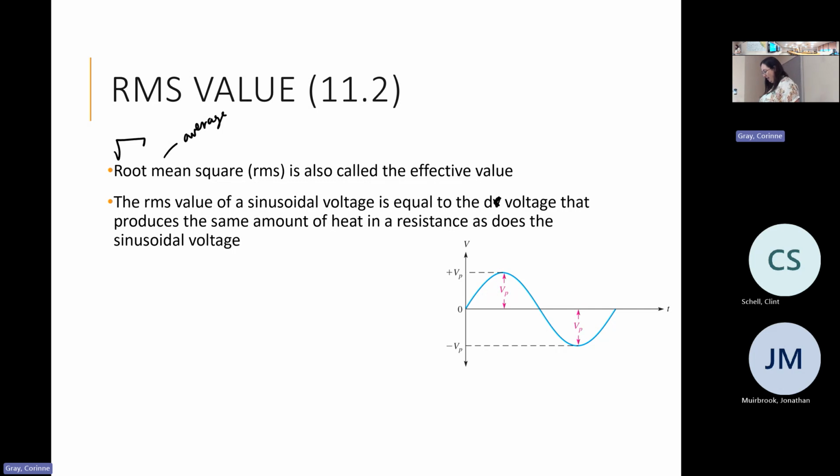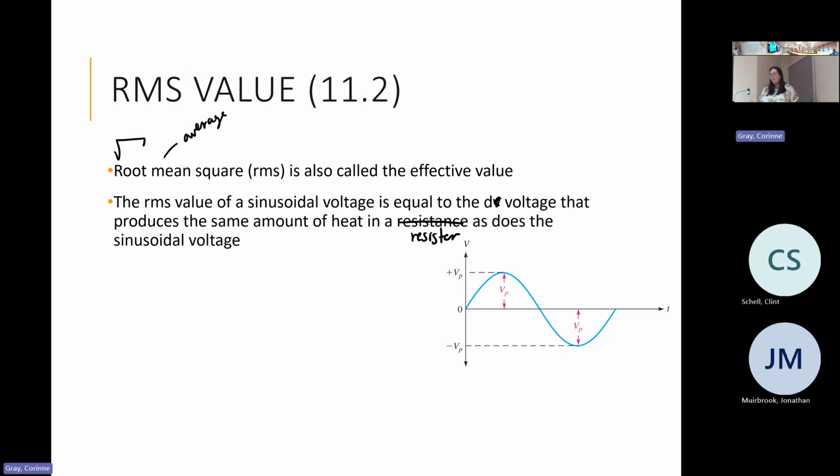And I would get the same amount of heat in a resistor as the sinusoidal voltage. This is going to look at heat, which we talked about at the very beginning of class, when we said it's not really important until way later. Here's the one place that it's important.